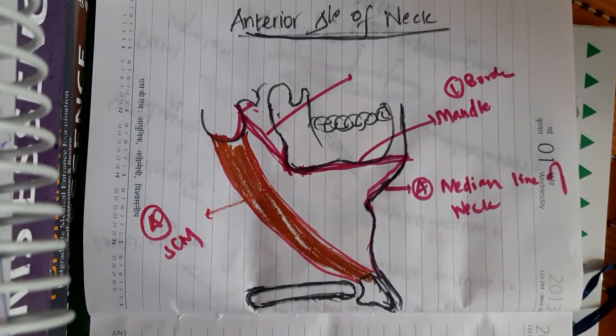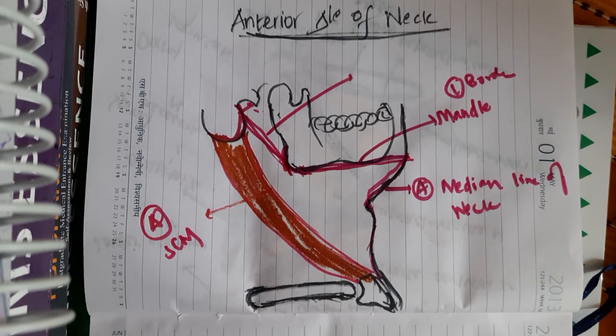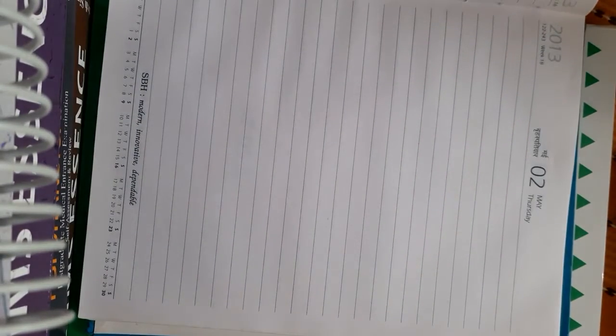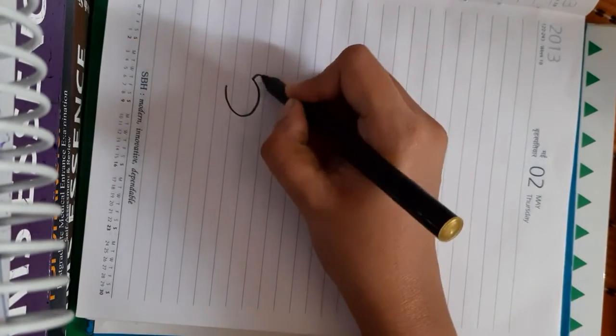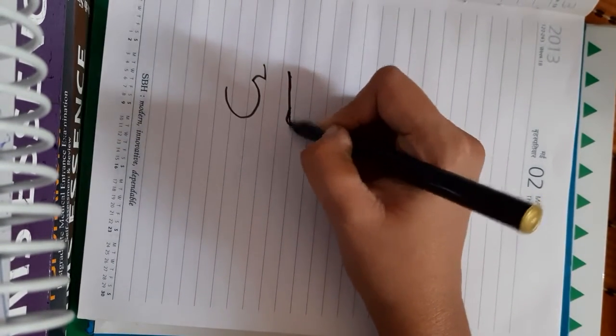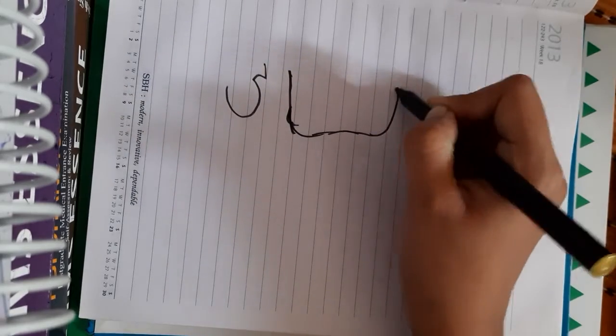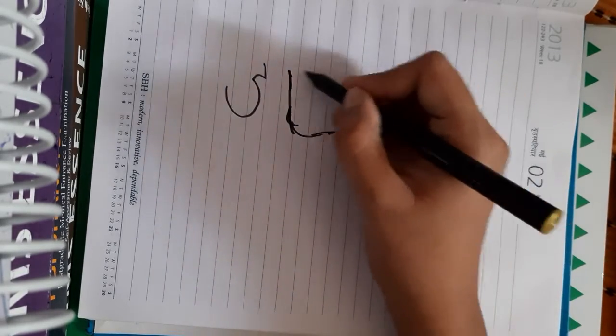We will first see the classification of the anterior triangle of neck in this class. So first I'll draw a similar picture here again. If this is the mastoid process, this is the angle of the mandible and the mandible bone.